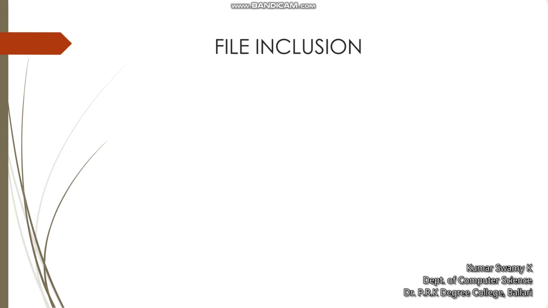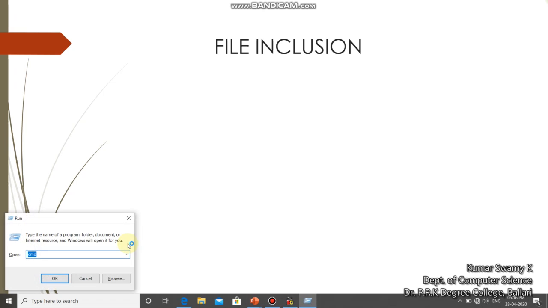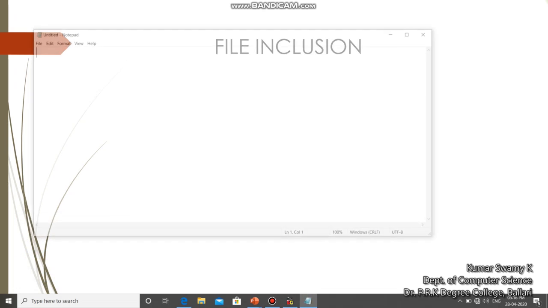This can be achieved in two ways. One we call the standard form, and another is the user form. I'll show you with Notepad so that you can understand it.